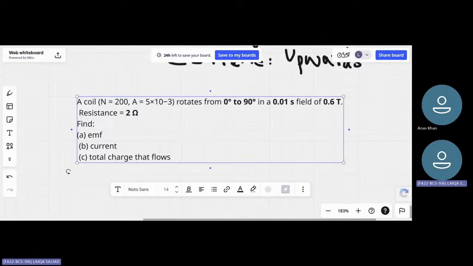It rotates from 0 degree to 90 degree in 0.01 seconds of time and the field is 0.6 Tesla. The resistance is 2 ohms. We have to find the EMF, the current, and the total charge that flows. How will we calculate the EMF? Is the flux changing?